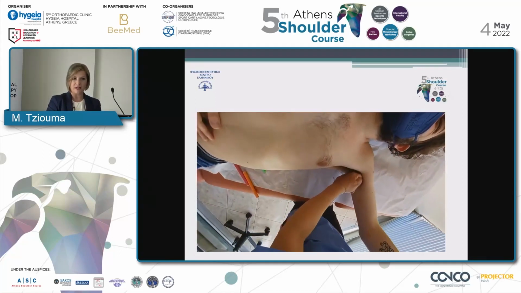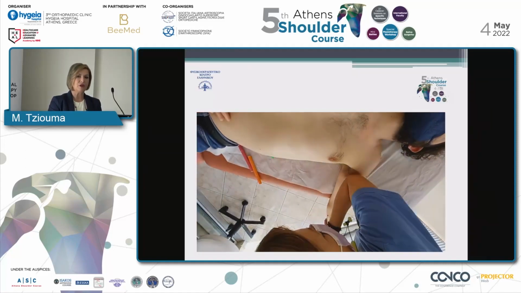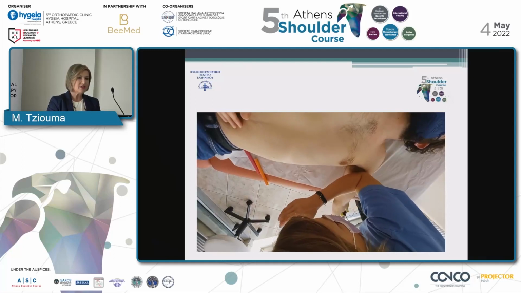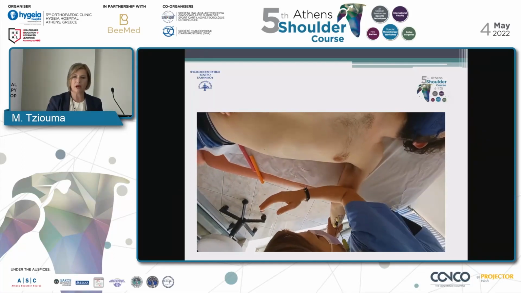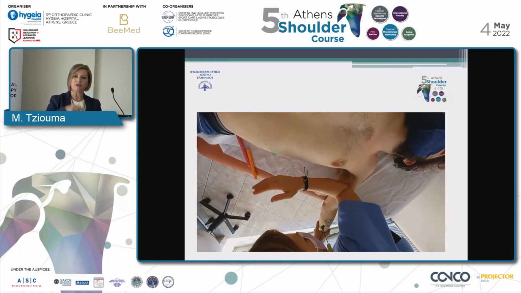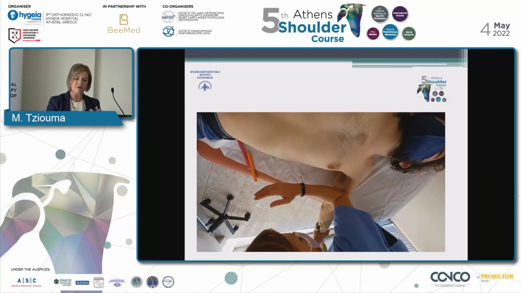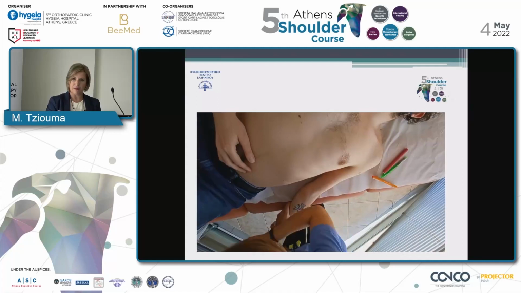And the results we see after 2 or 3 days. After 2-3 days, without understanding how, the patient says, oh, my hand moves better. Not right away, but after 2-3 days, when the fascia starts to move better, we have the best results.